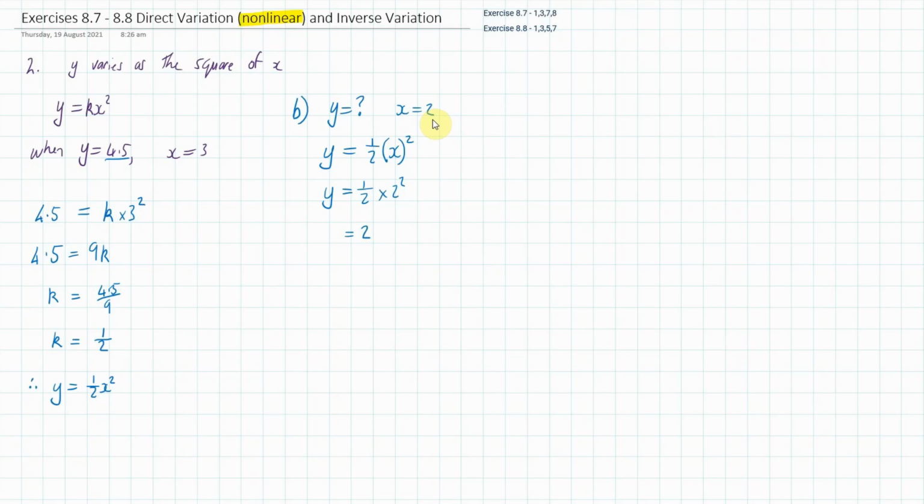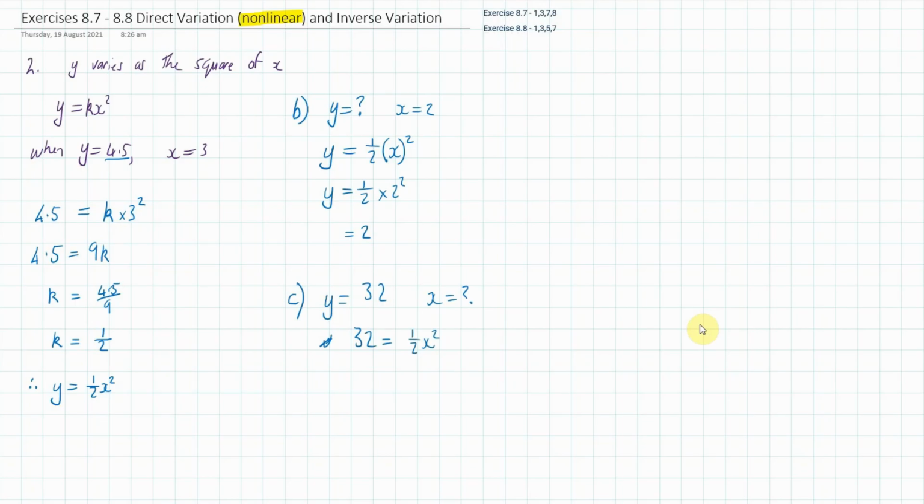In part C, we are this time given the value of y, which is 32, and we need to find x. So 32 is equal to 1/2 x squared.